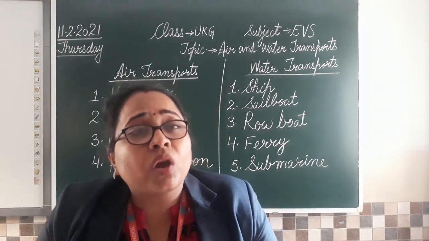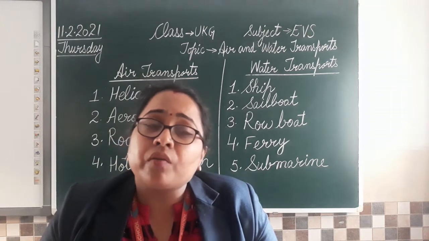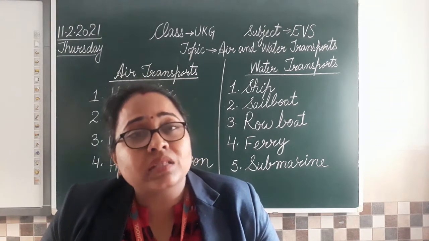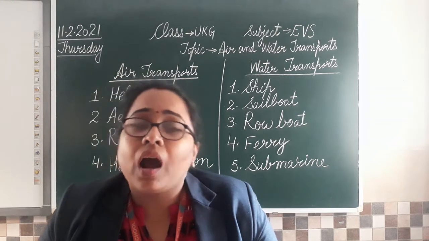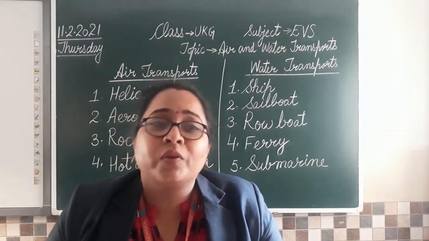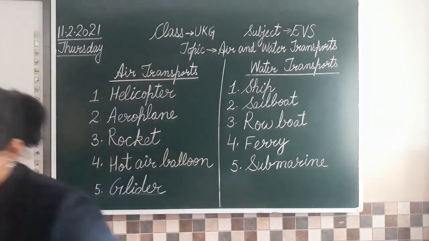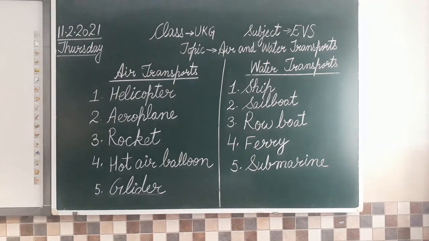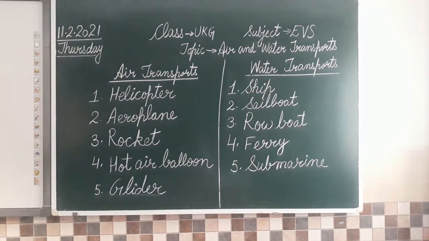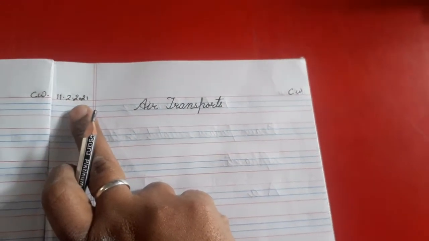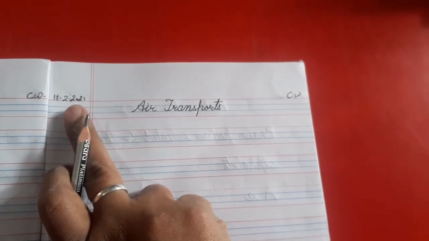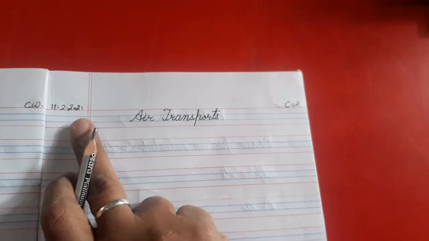So let's see how to do the work in notebook. Take out your EVS notebook and write down today's date, classwork. First you will write today's date, that is 11th February 2021.